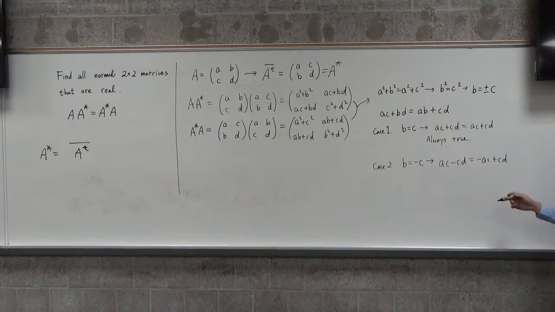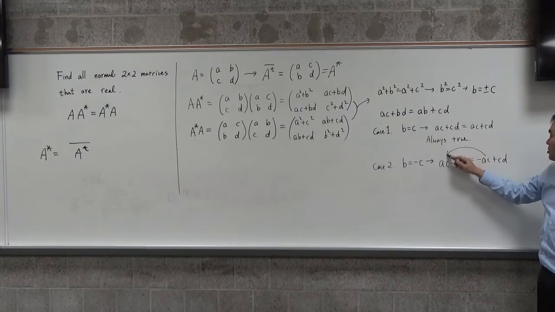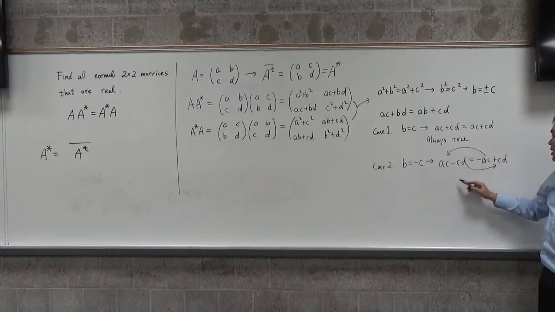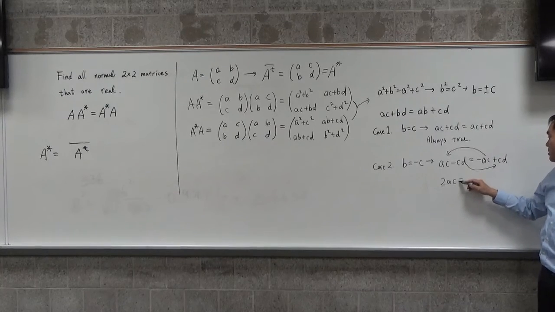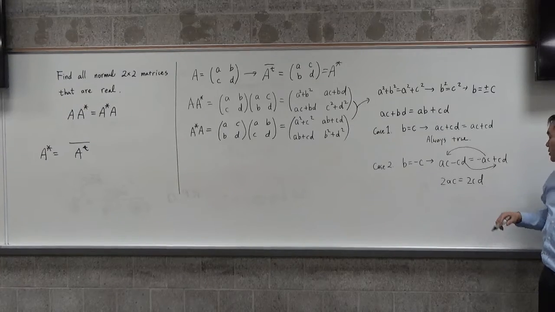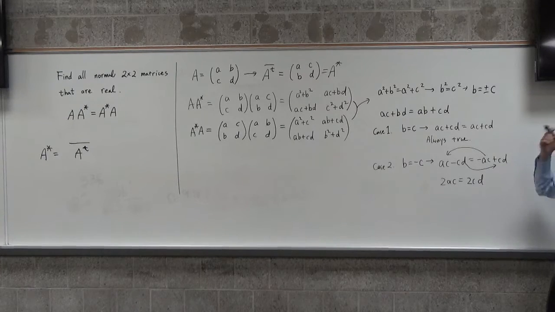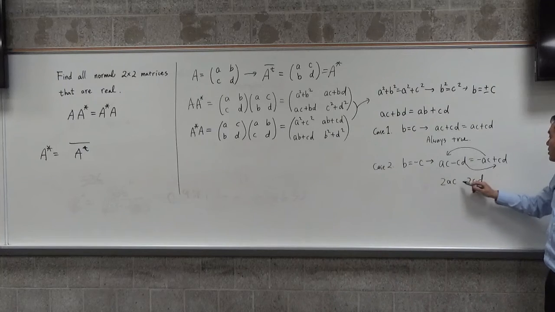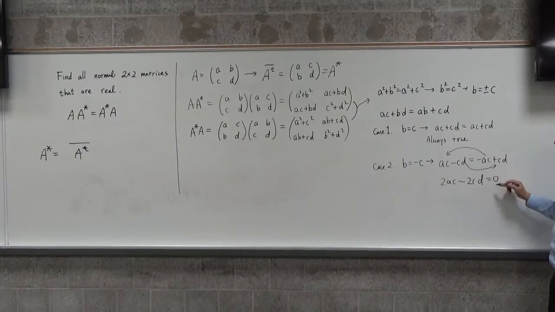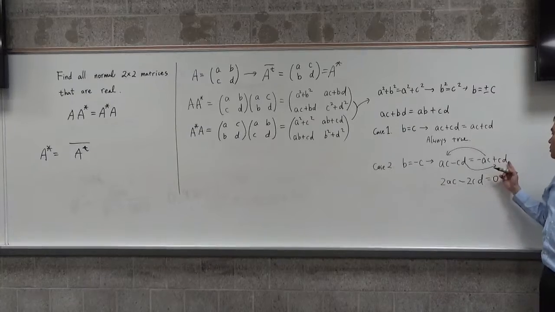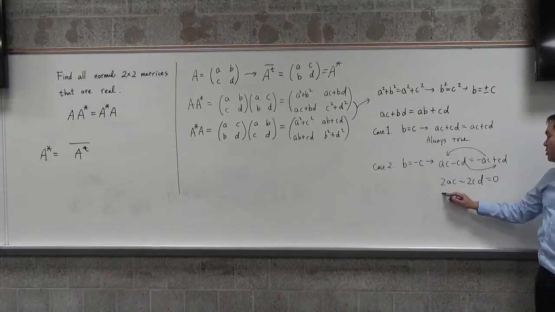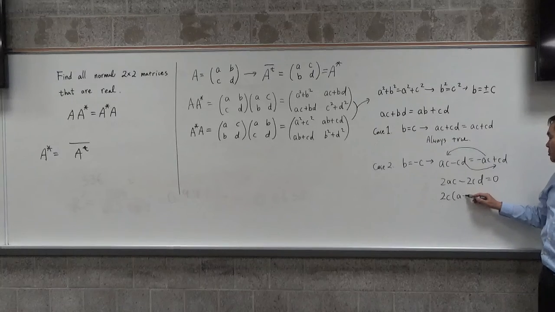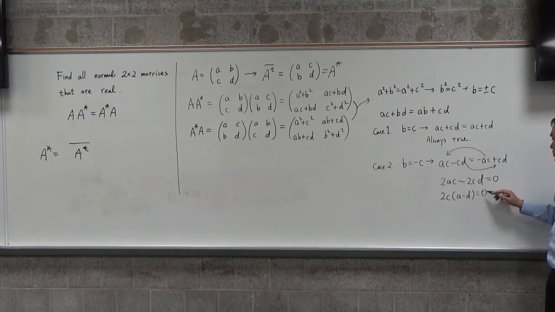So this time, I can move this over here, move that over there, and we get 2AC equals 2CD. So let's just move everything to the left side, okay? I get 2AC minus 2CD equals 0, which is 2C times A minus D equals 0.